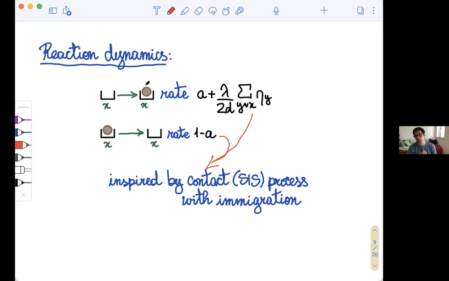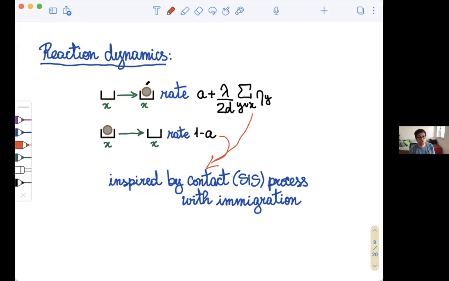Another interpretation is just that these are just particles, so particles are created with this rate. So there's this a, this is what I was calling immigration. So you imagine that your system is not isolated from the outside world. So with some rate, you enter into contact with outside people that could be infected or not. And that produces this number a.